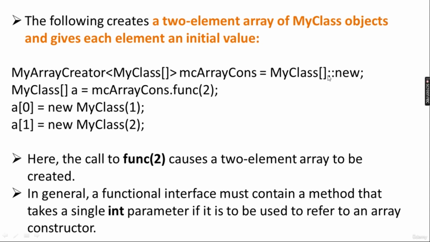What is the type of array? My class, opening and closing square brackets, double colon, new. This will create the constructor reference MC array constructor from the functional interface my array creator. So now my class type array A is equal to the constructor reference dot function 2.